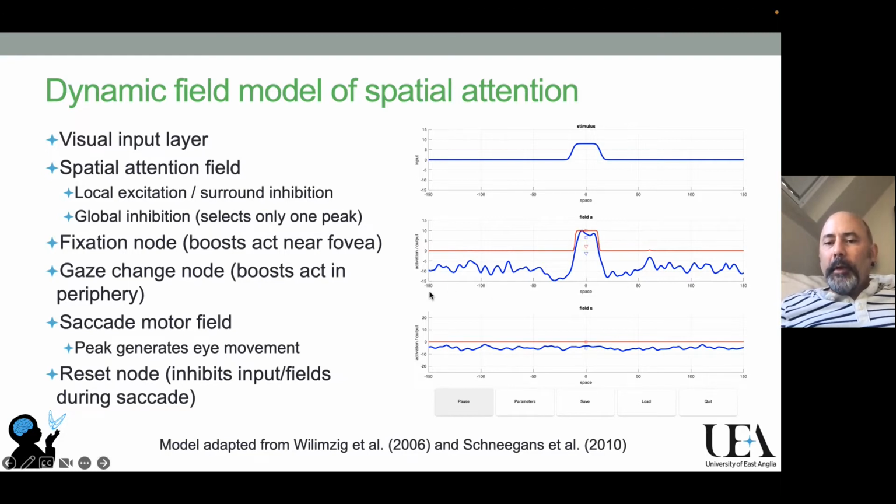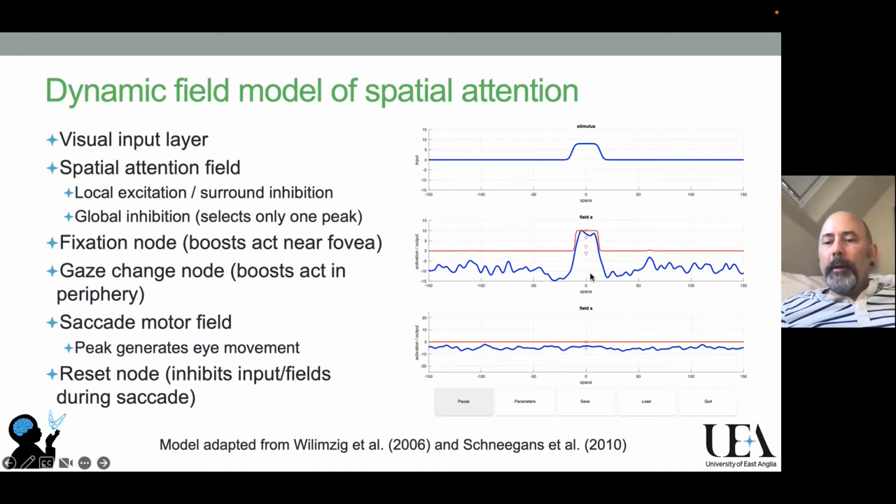I should also mention the x-axis in these figures is always going to be the spatial location. So the foveal location is going to be at 0. Left on the visual field is going to be to the left and right to the right, obviously. And then the blue line is activation shown along the y-axis, in this case with a peak at the foveal position.